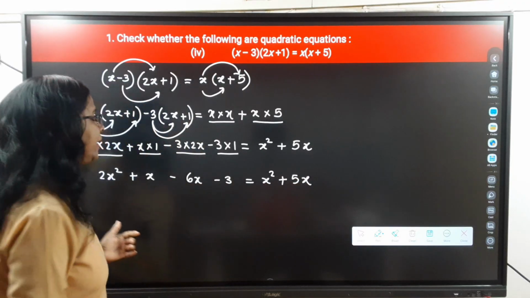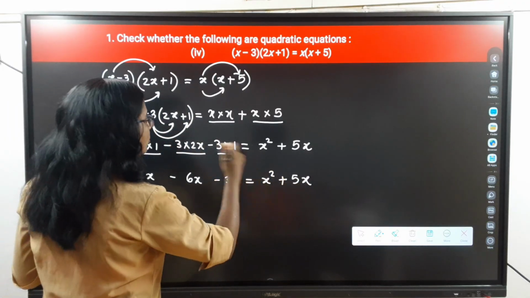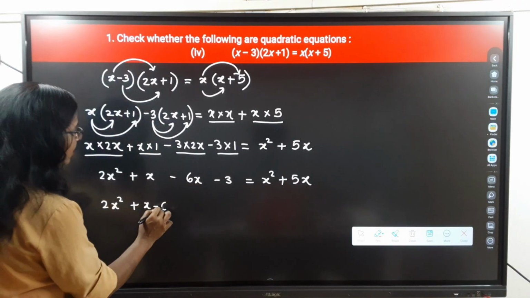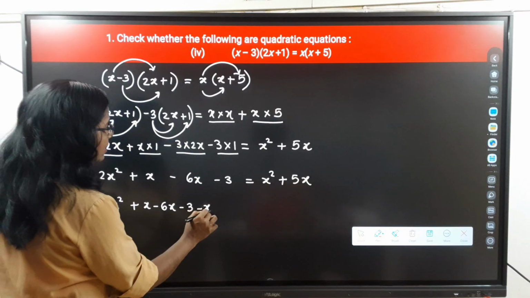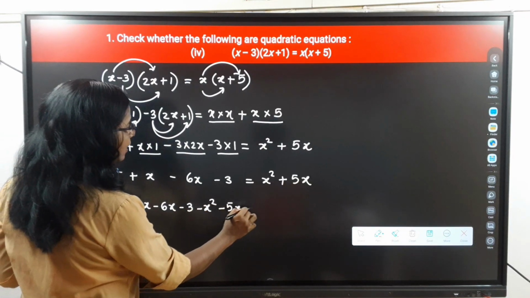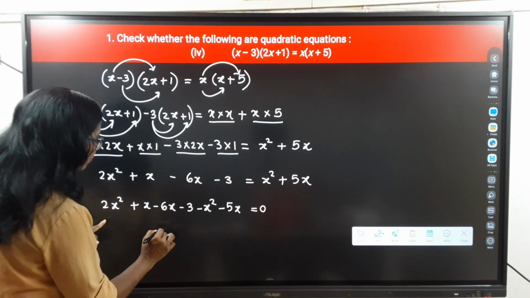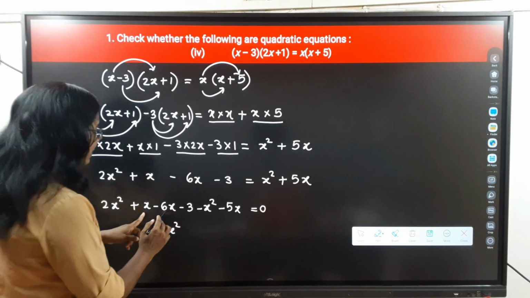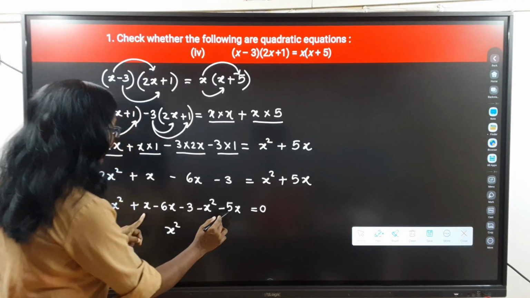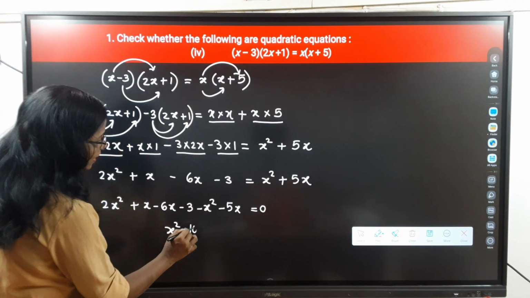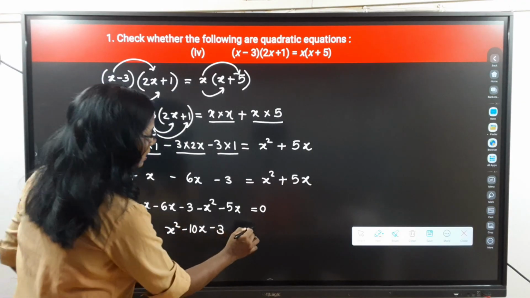I shift these two terms to the left hand side: 2x square plus x minus 6x minus 3 minus x square minus 5x is equal to 0. Therefore 2x square minus x square is x square, plus x minus 6x minus 5x, that is minus 10x, and minus 3 is equal to 0.